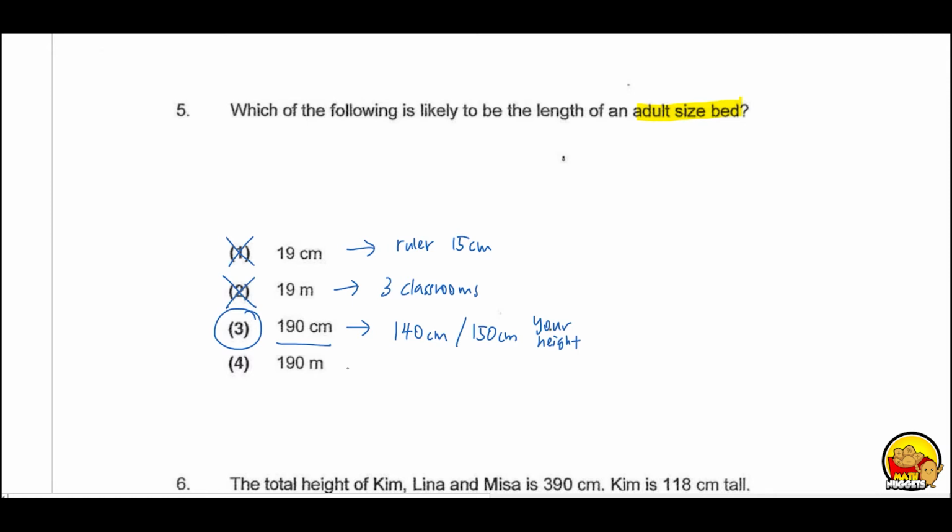That's like the length of a school track maybe. Yeah, that's a school track. So you can imagine one round the track is about what, 400 meters? So this is about half the school track. So that's not possible for the adult size bed. So the answer for this would be option 3.